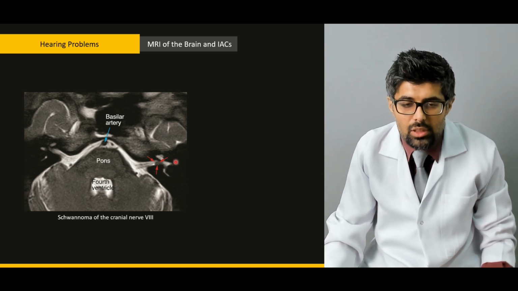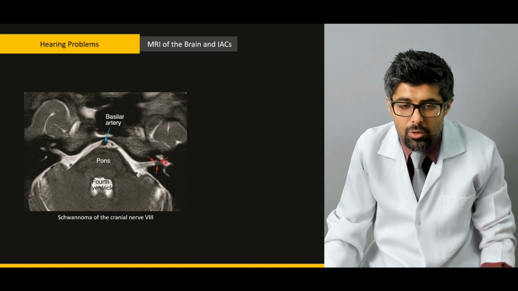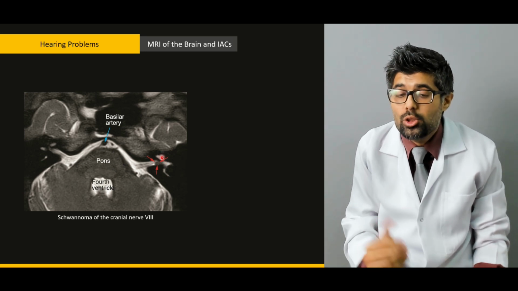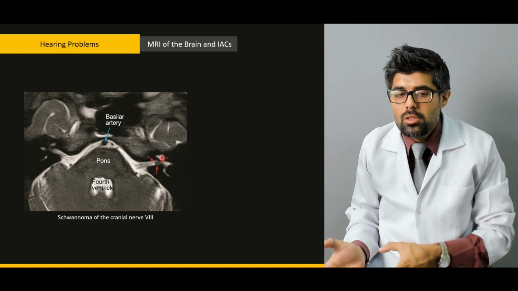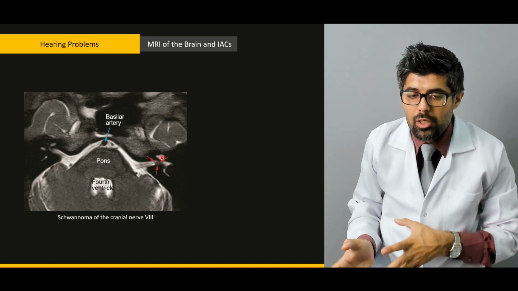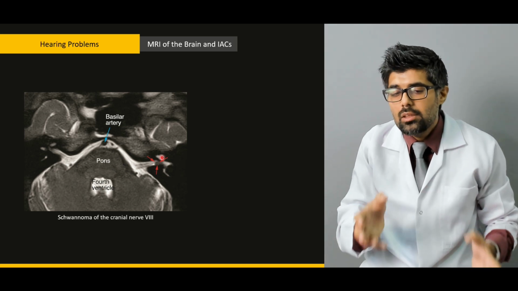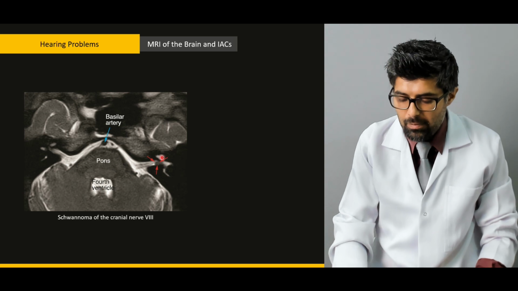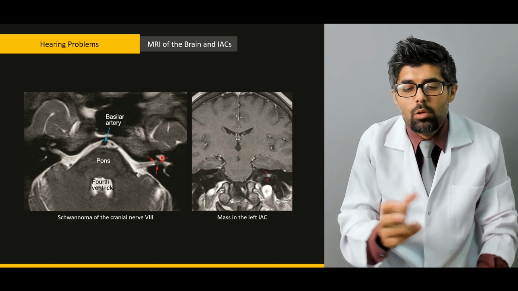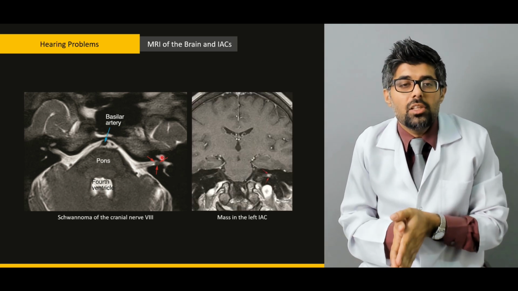This is a very common scenario and can only be diagnosed through imaging. We can examine the patient and find unilateral hearing loss, but the exact confirmation of the diagnosis only comes through imaging.